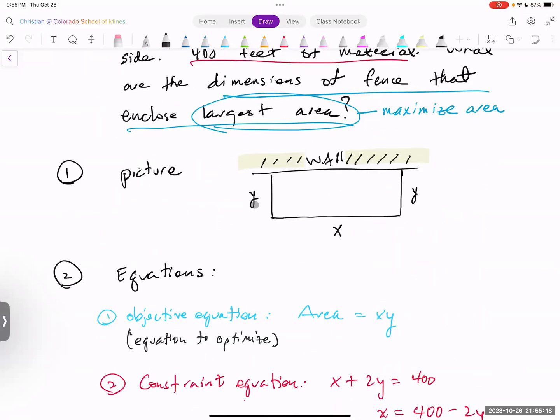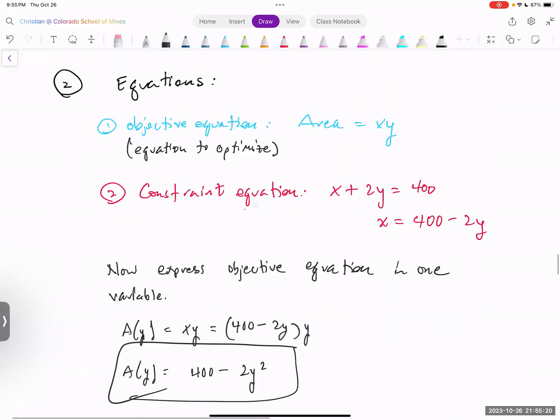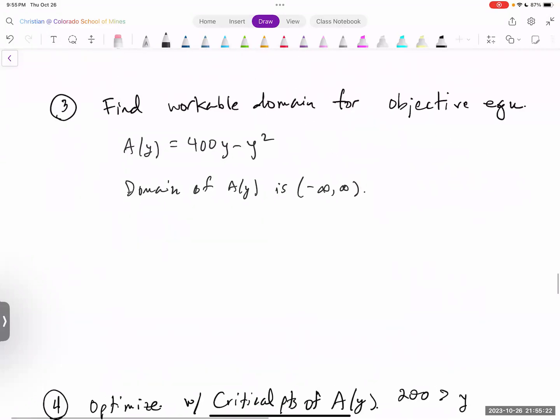Let's go back down here. Y has to be positive because it's a side length.